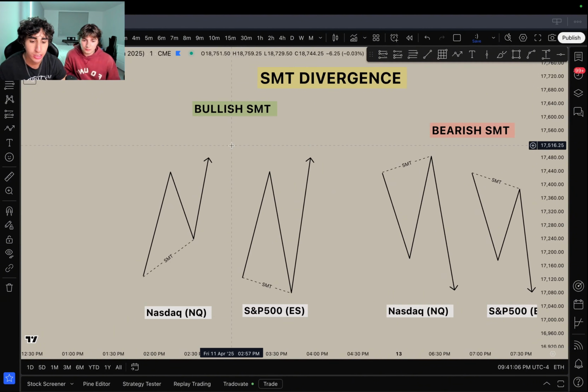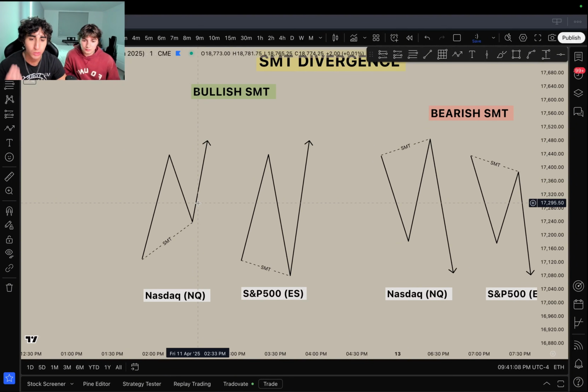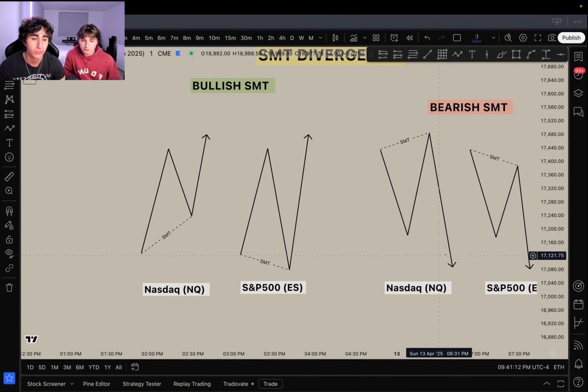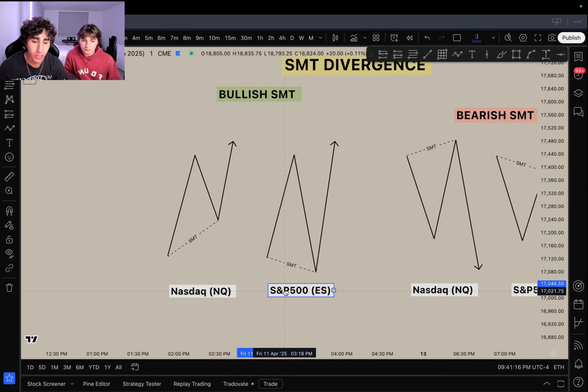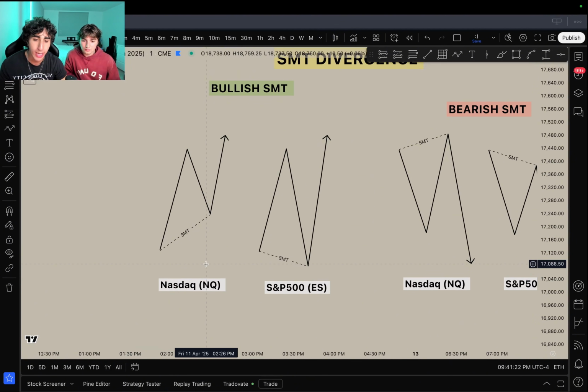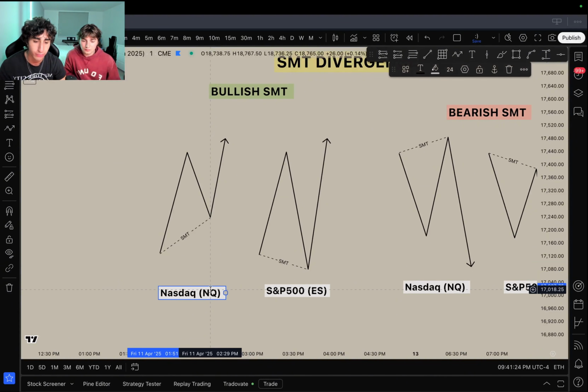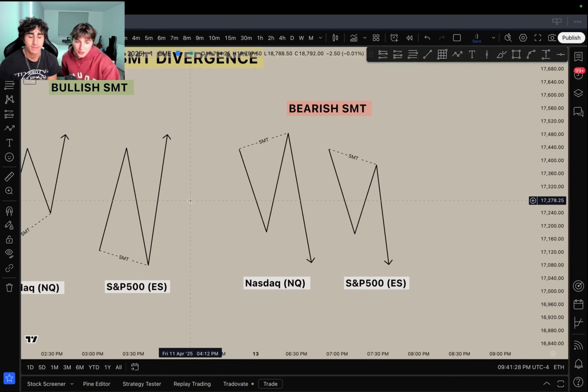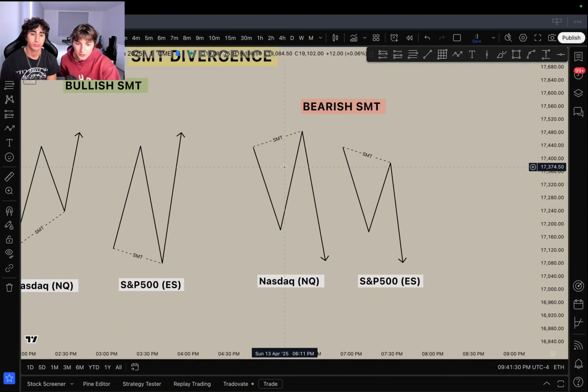Now this is an indication in reversal, right? Because when we have these sweeps of liquidity that are necessary for price to move higher or for price to move lower, right? This can happen first on ES or this can happen first on the NASDAQ. And it will show, since they are a correlated asset, that price is ready to reverse. And then on the right side, you have a bearish SMT, which is simply vice versa, right? You have a high put in place, a low, and then a high that sweeps this previous high, and then we deliver lower.